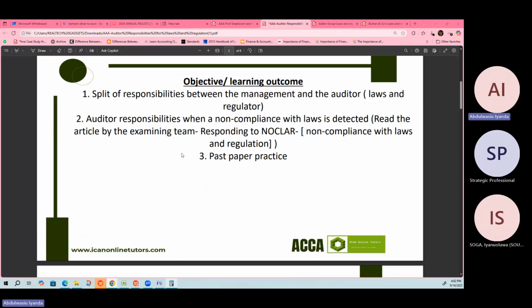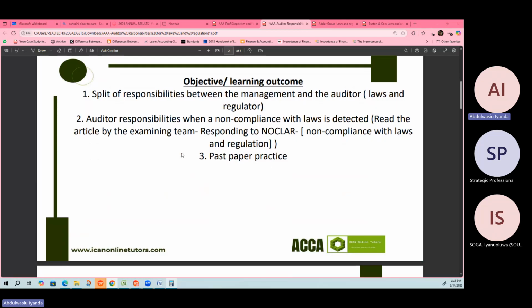As an auditor, or as a professional accountant, one of our key responsibilities is to make sure that we help our clients and remain alert. And if there's any instance of non-compliance, we are expected to disclose such information.